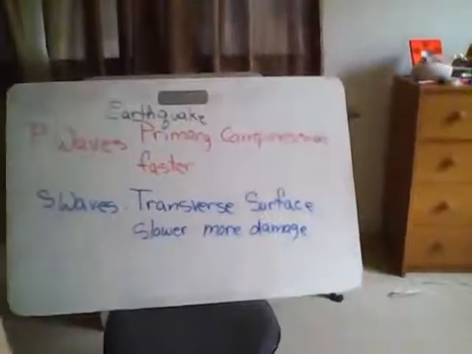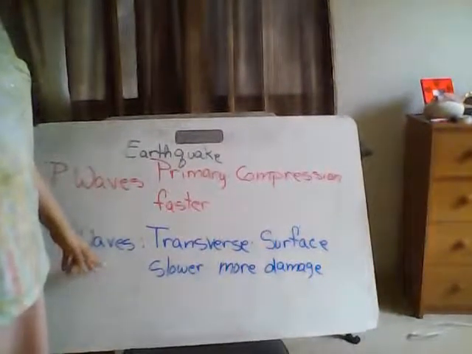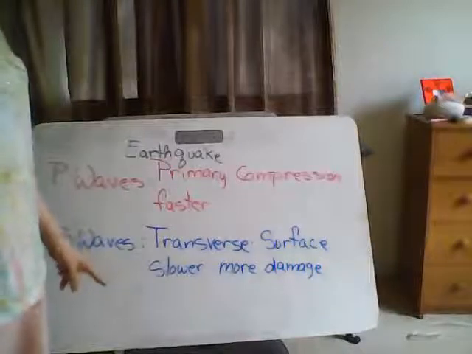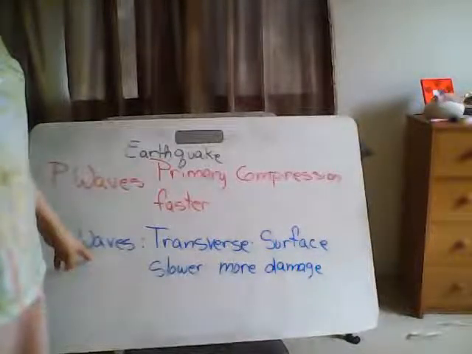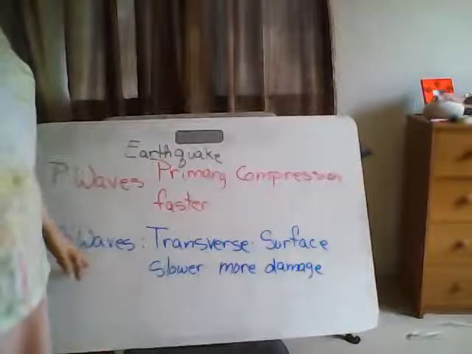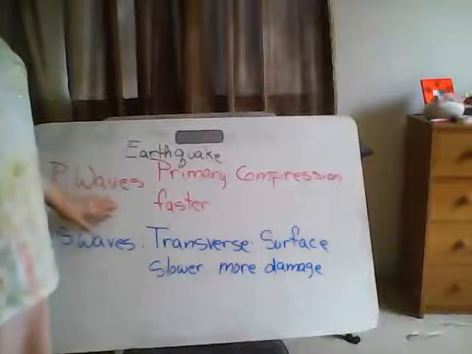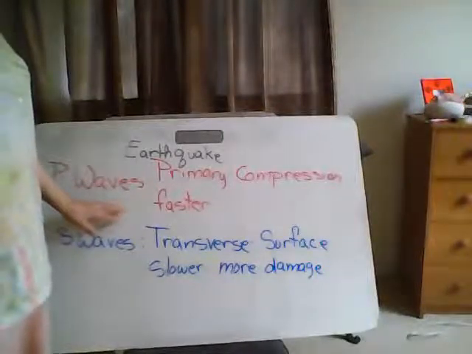S waves can only travel through solids. They can't travel through liquids. Well, I guess they can travel through air, but they cannot travel through liquids. But the primary waves can. They can travel through liquids. So they bounce around inside the earth in different ways, and we're not going to go into that.